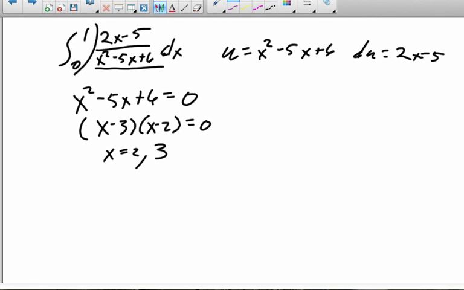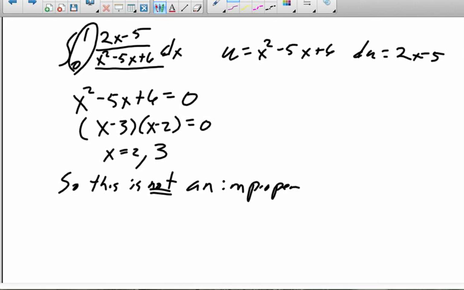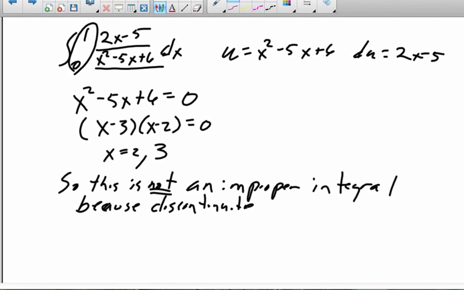However, we're integrating from 0 to 1, so this is not an improper integral, excuse me, because the discontinuities are outside the bounds of integration.